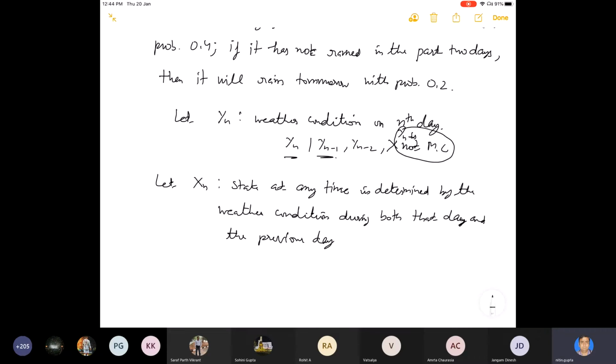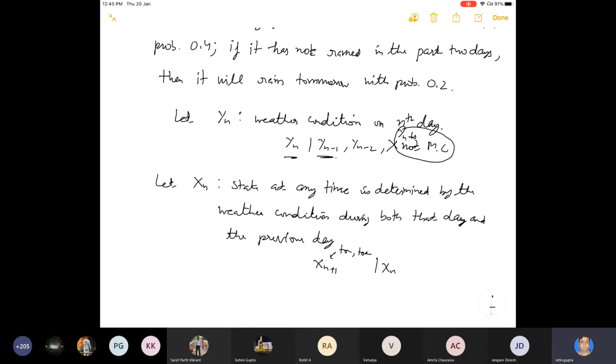So now Xn depends on that day and the previous day, and Xn plus 1 will depend on today and tomorrow.